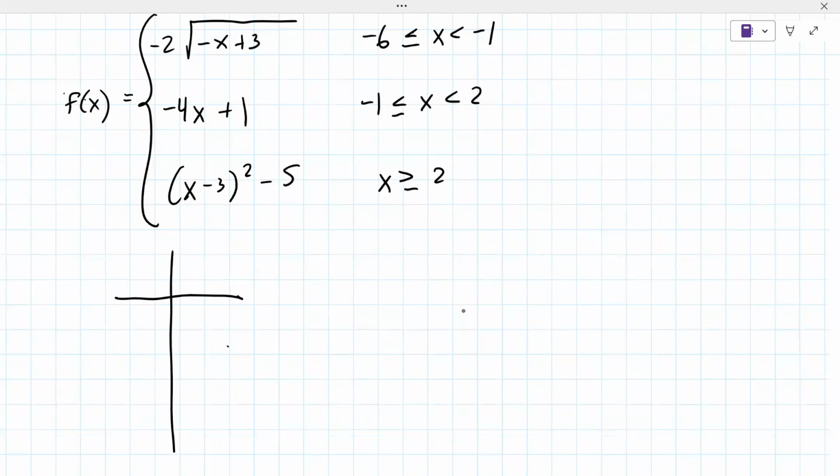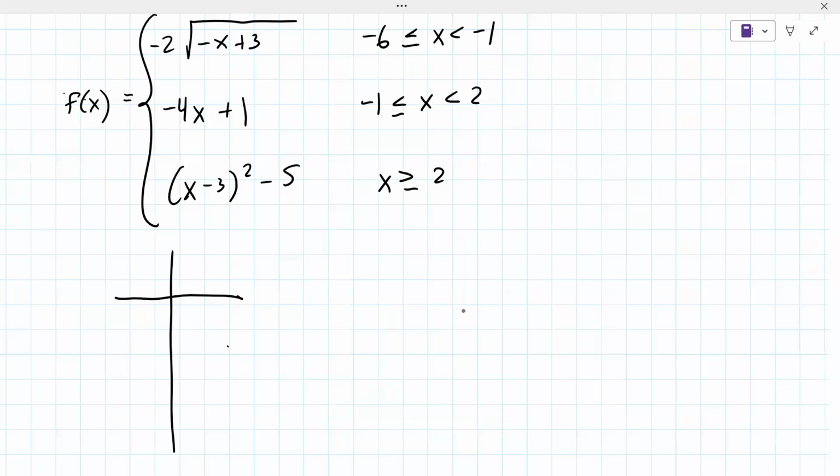Okay. For the first one, what are the two x values that you should try? We have to put them in order, right?